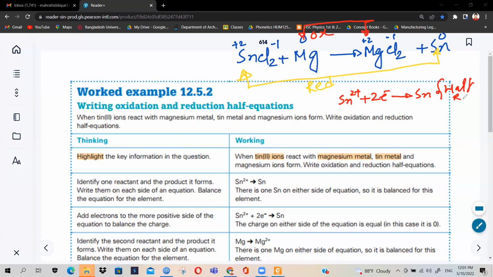Then Mg minus 2e- results in Mg2+. That is the half oxidation. Good, that is what I wanted. If you are able to understand this bit, I am telling you, this will account for a huge amount of marks in your examination.